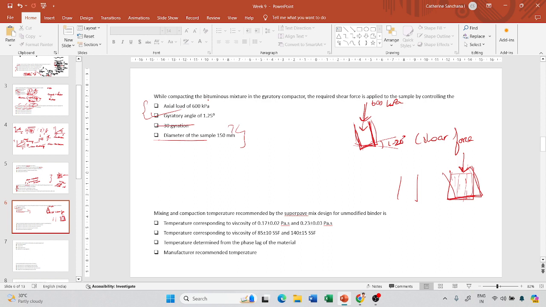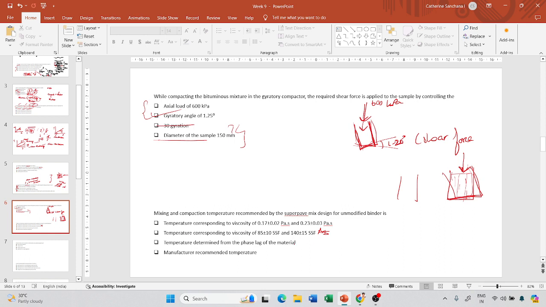So from time ahead, they have been using viscosity to fix the mixing and compaction temperature. Obviously there would have been an evolution of the methods to find out the mixing and compaction temperature, right? The first method, which was developed by the Asphalt Institute, was by using a Saybolt Furol viscometer, okay, where you measure the viscosity at different temperatures.